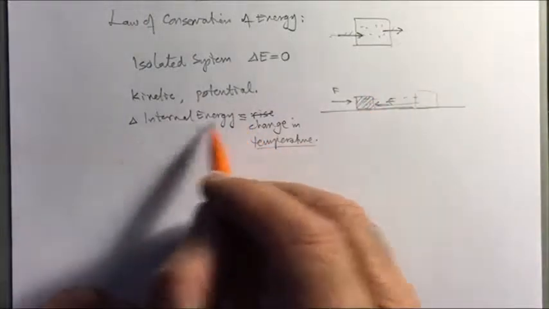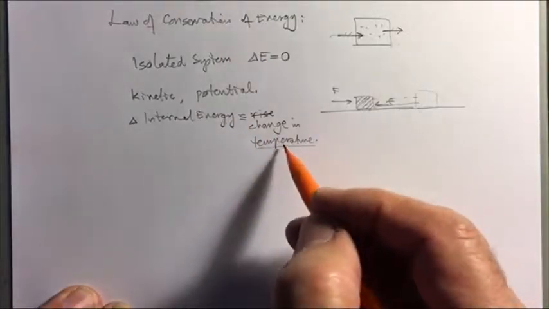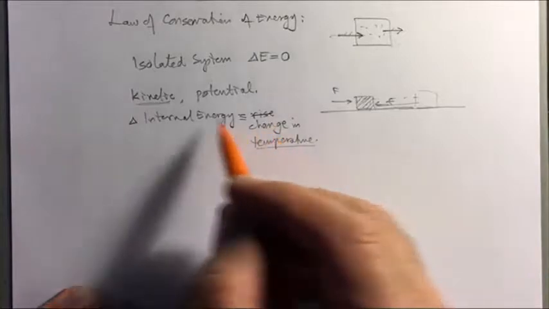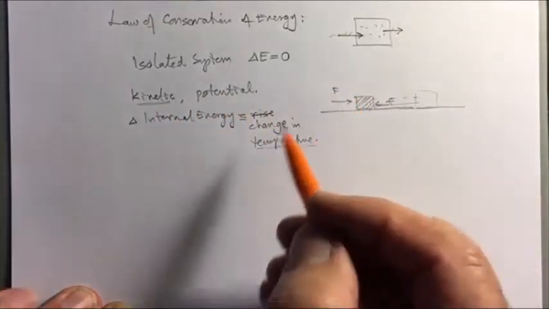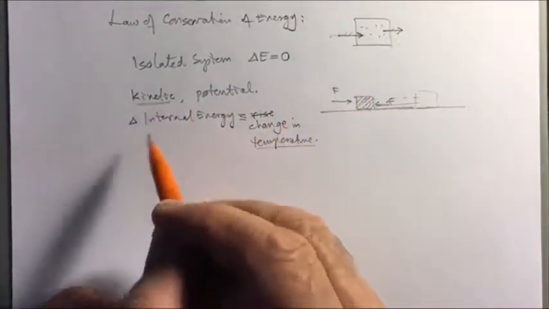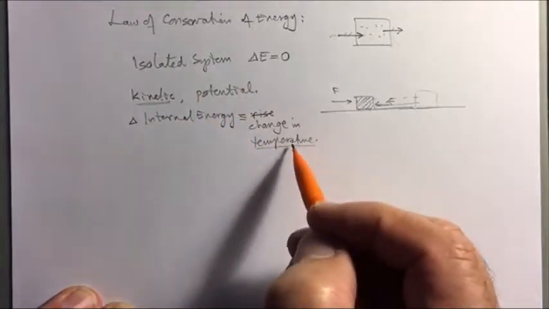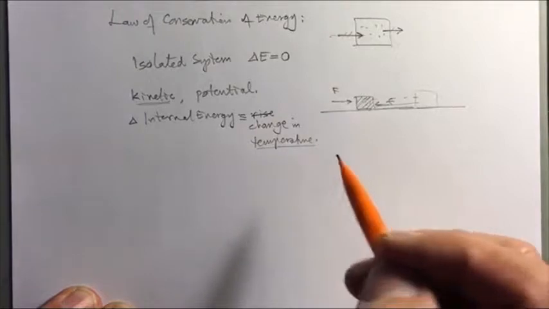Therefore internal energy is not a separate energy in itself, but it's just kinetic energy. So we could simply say kinetic and potential, but in this textbook and in places we add a term internal energy, which considers a change in temperature.